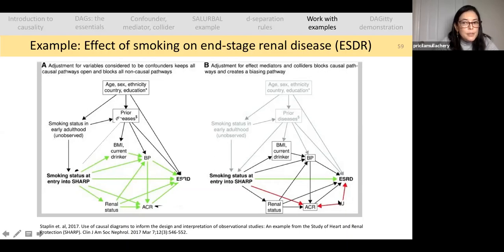So they have an unmeasured variable that causes at the same time the outcome, end-stage renal disease, and ACR, but they didn't measure it, so they can't adjust for it. And so they were testing this additional variable here and what that would do if that was a slightly different causal pathway. Do you have any questions about this example?